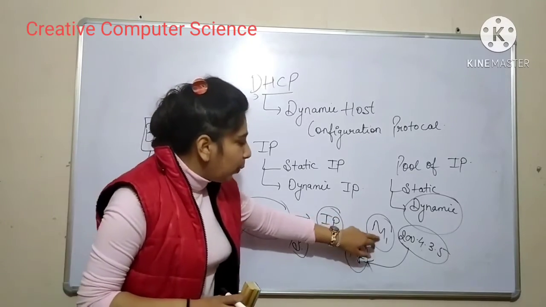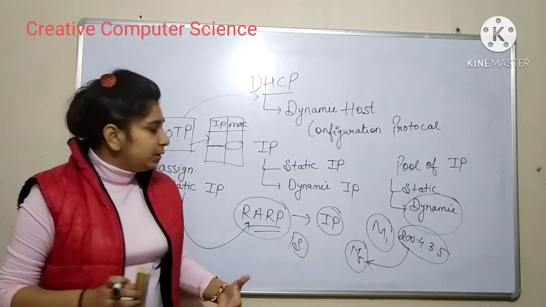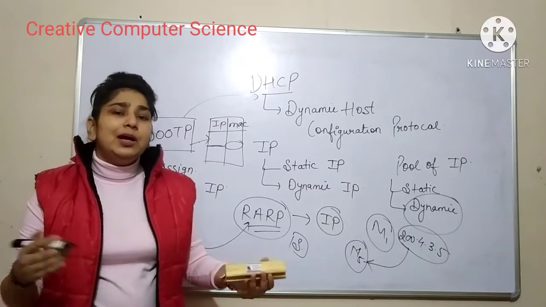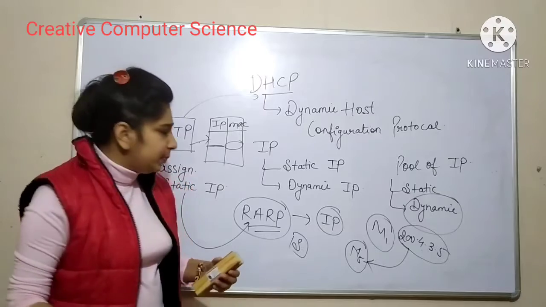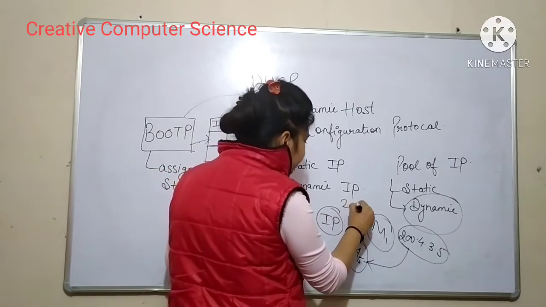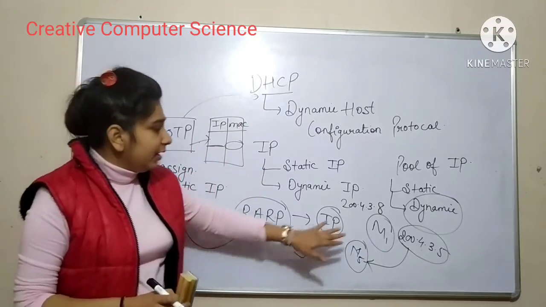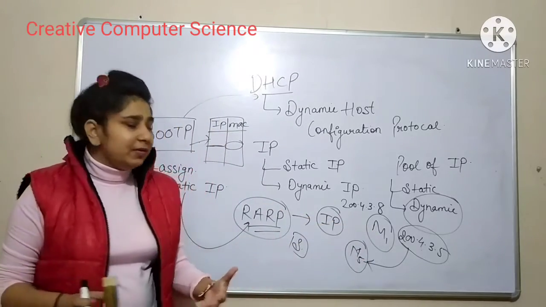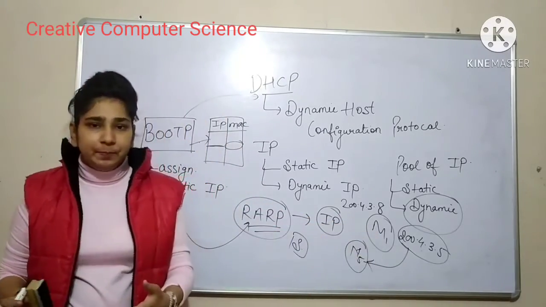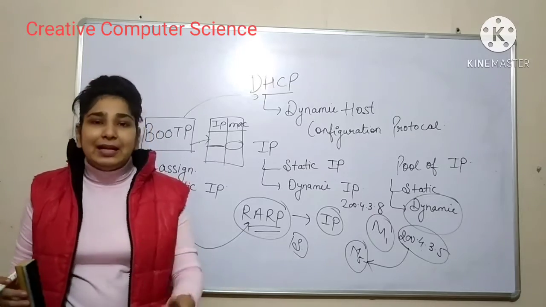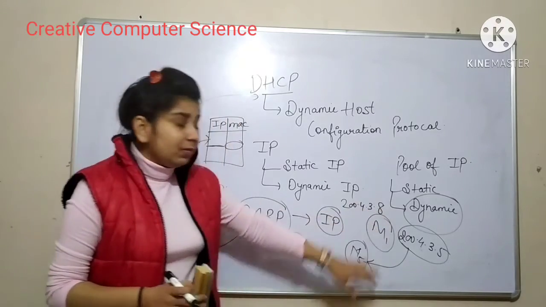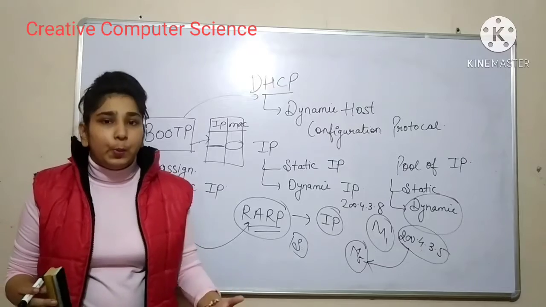Next time when machine M1 again wants to connect to the network, you give it a different IP address like 200.4.3.8. This way you are changing the IP addresses of the machines, and you can utilize the IP addresses in a better way.